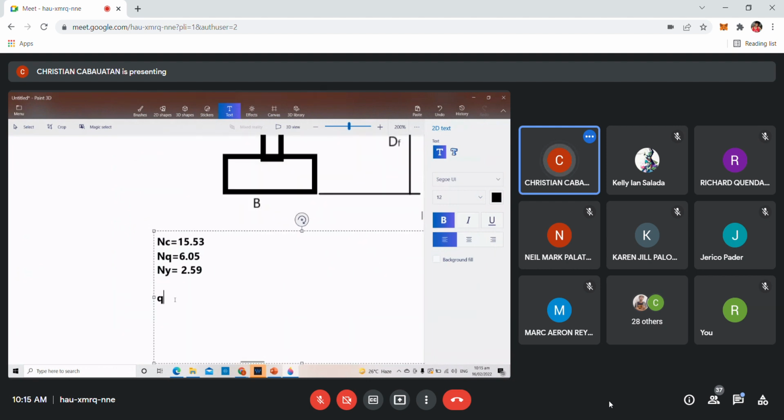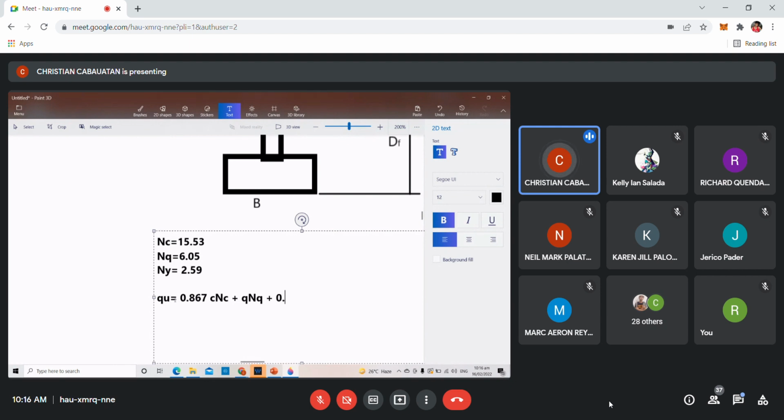So, qu is equal to, ano ulit yun? 0.867 cNc plus qNq plus 0.